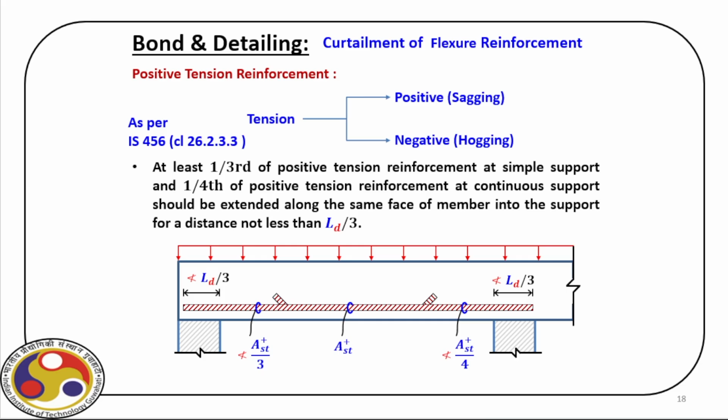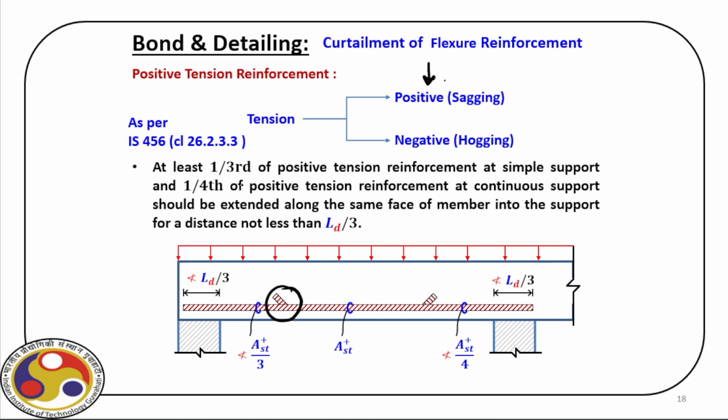Now, let us again revisit this curtailment of reinforcement against flexure. For tension, we have sagging as positive and hogging as negative. At least 1/3 of the positive tension reinforcement at a simple support and 1/4 of the positive tension reinforcement at a continuous support should be extended along the same face of the member into the support for a distance not less than LD/3. So again I repeat, as you can see here, we have a curtailment here.